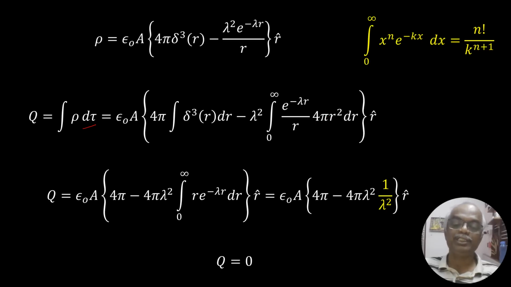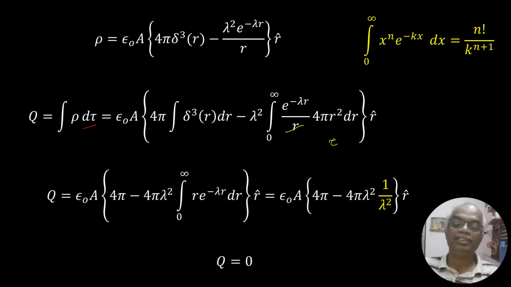Here d tau, this volume, we are taking only the r coordinate, not theta or phi. So this is 4 pi r squared, that is small area, multiplied by the small thickness dr gives you the small volume. Here you can cancel out this r.